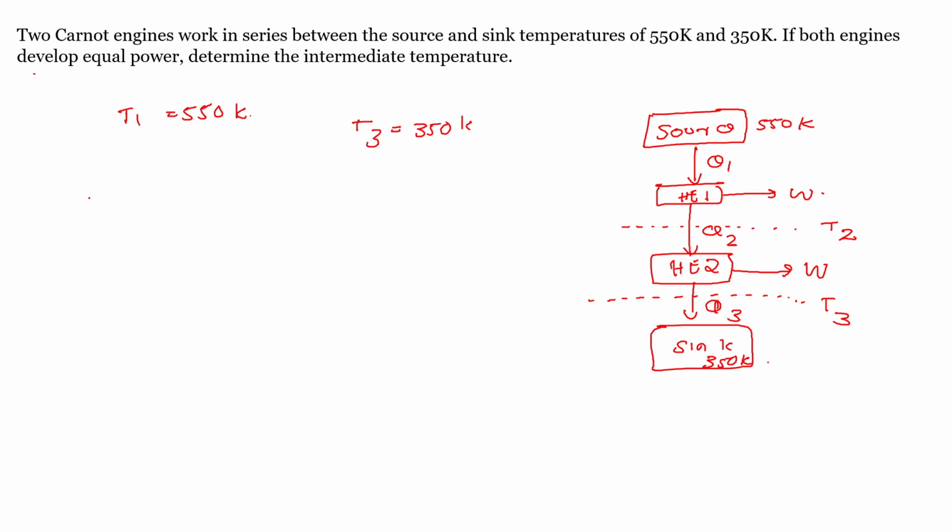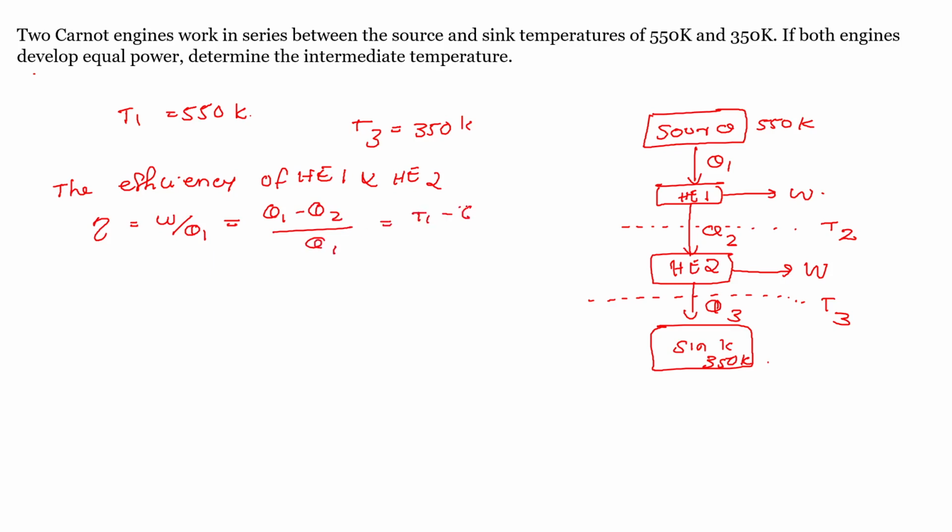Before finding that, first we will find the efficiency of heat engine 1 and heat engine 2. That will be eta is equal to W by Q1. You can write it as Q1 minus Q2 divided by Q1. It will be T1 minus T2 divided by T1. So eta 1 you can write as W divided by Q2 plus W, where W is equal to Q1 minus Q2.